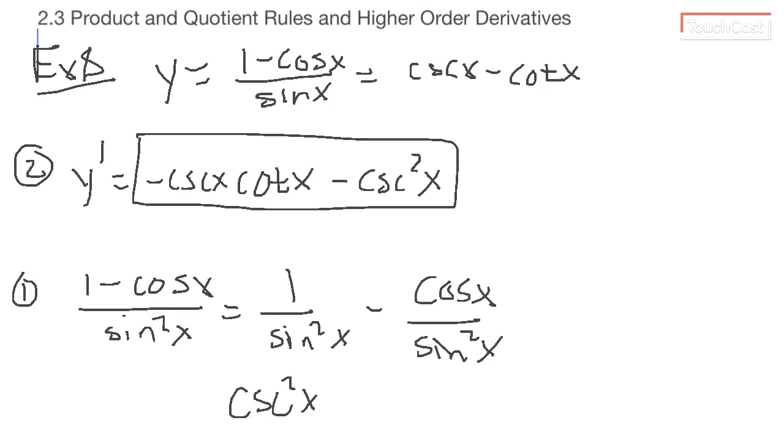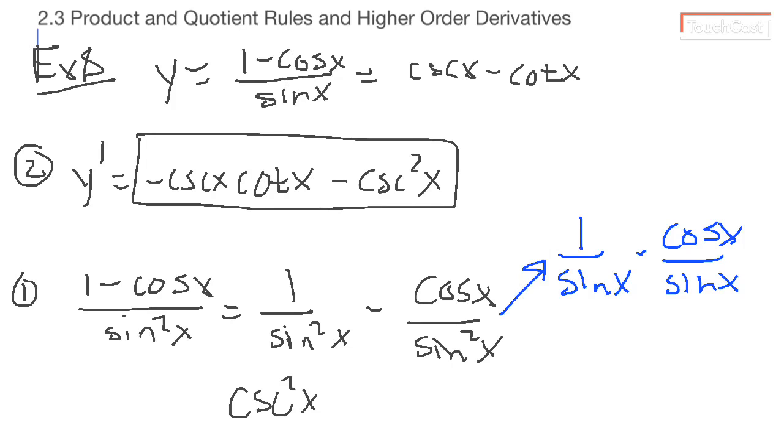If we break up the cosine x over sine squared x, we can rewrite that term as 1 over sine x times cosine x over sine x. 1 over sine x is cosecant x.